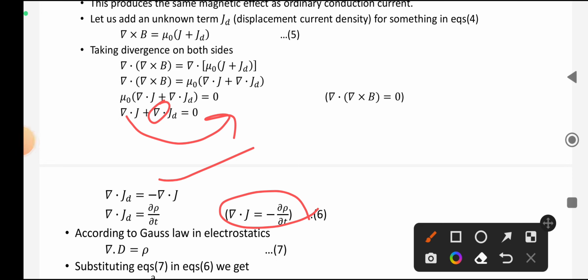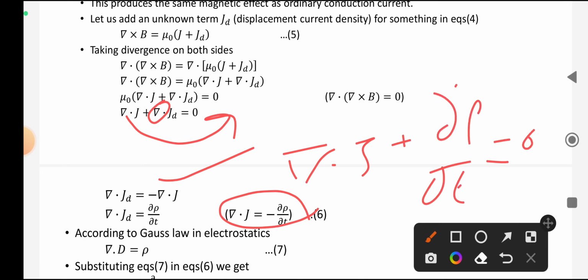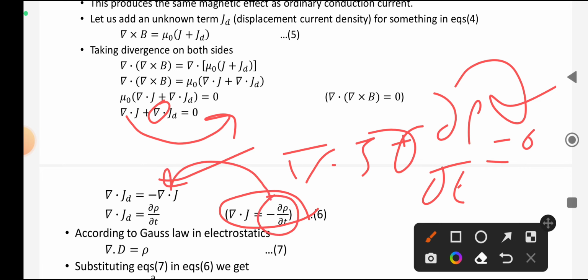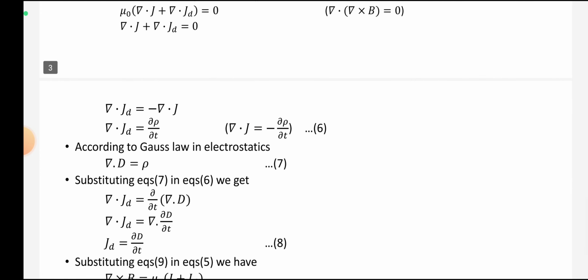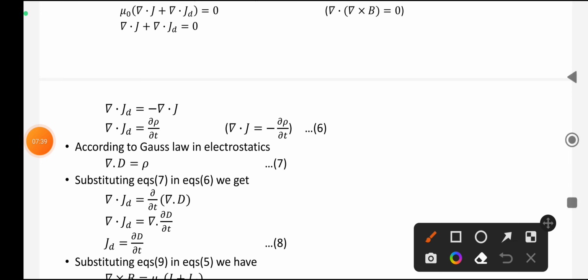It is from the continuity equation given above. The continuity equation is del dot J plus dou rho by dou t is equal to 0. If we bring this to this side it becomes minus, and substituting here, minus becomes plus. So we got del dot JD equals dou rho by dou t.